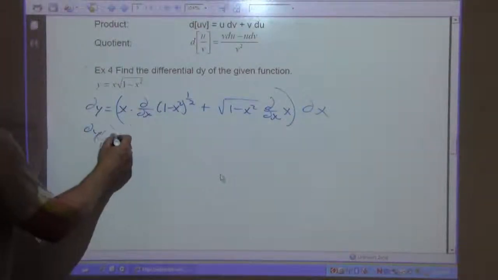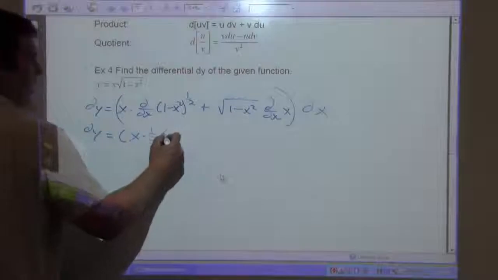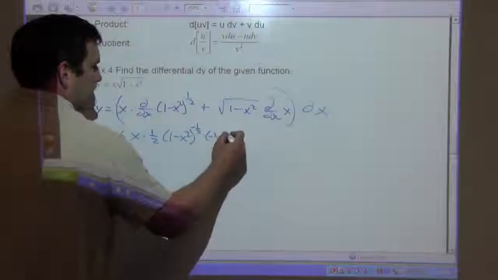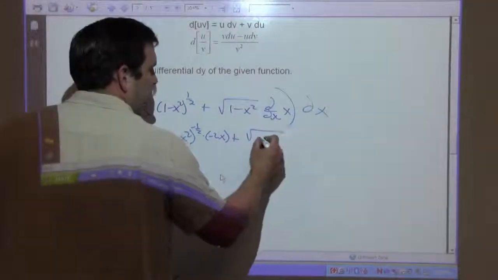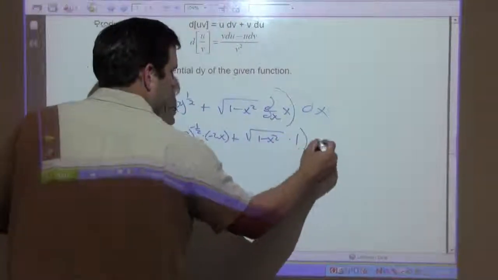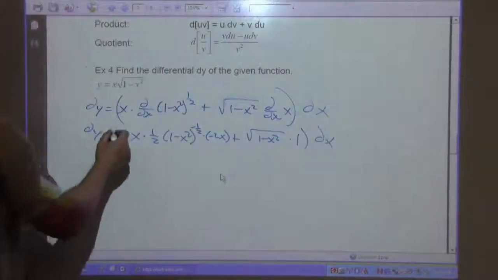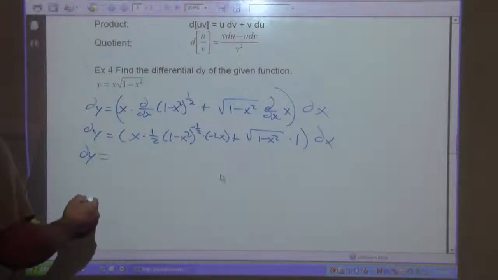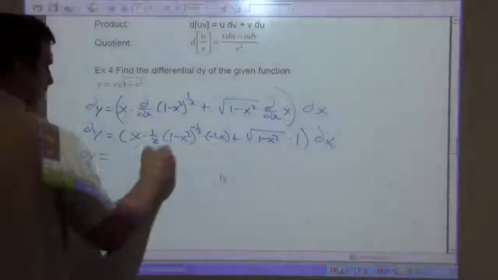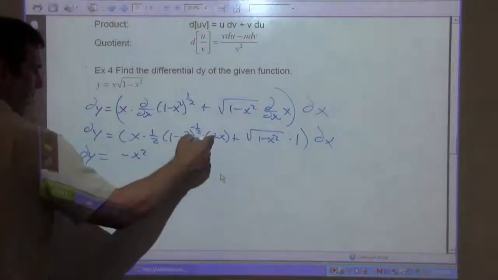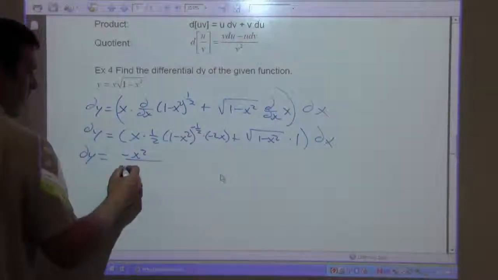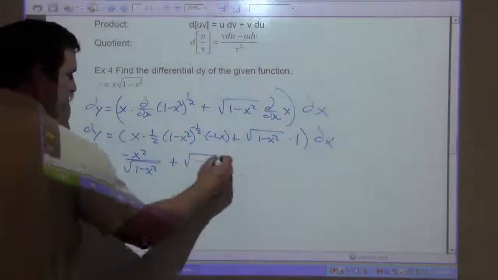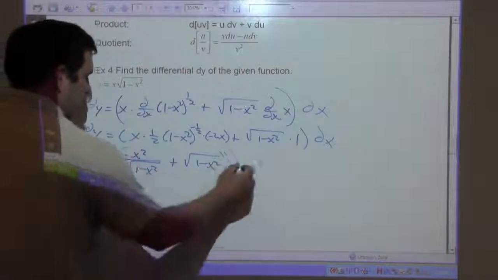So dy will become x times 1/2 times 1 minus x squared to the negative 1/2 times negative 2x plus the square root of 1 minus x squared times 1 dx. So dy equals, from here, negative x squared, because the negative and the 2 cancels with the 1/2, over the square root of 1 minus x squared plus the square root of 1 minus x squared dx.